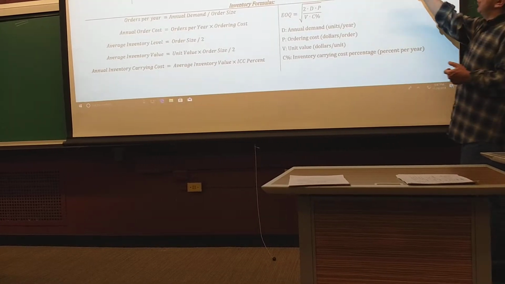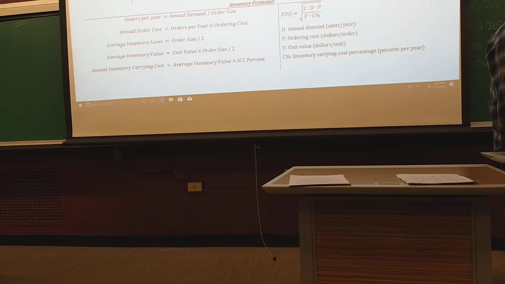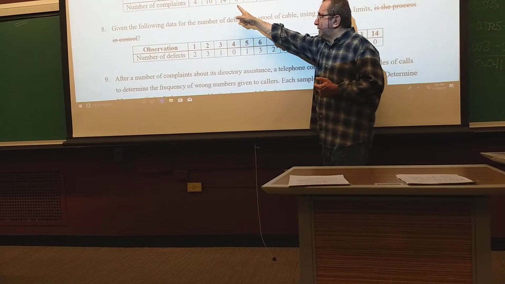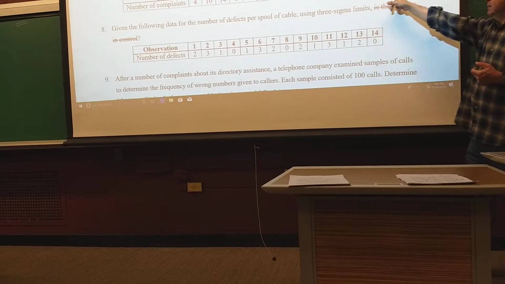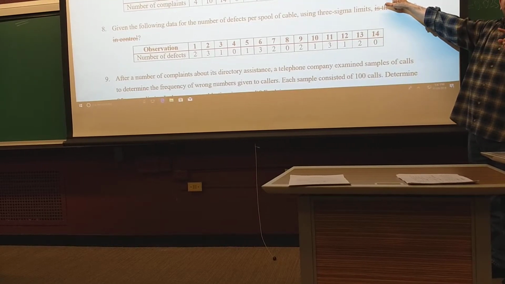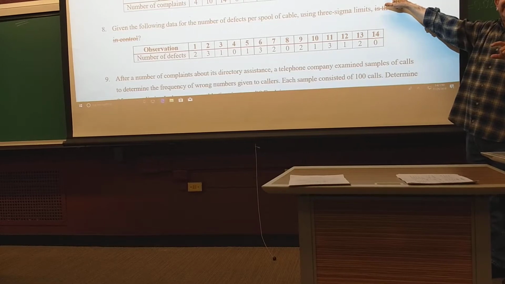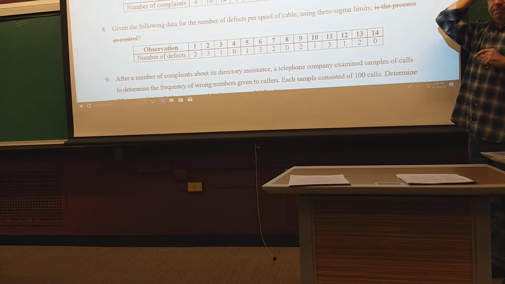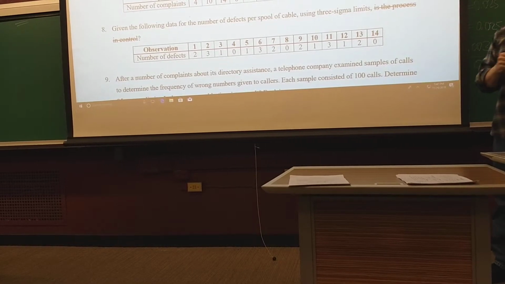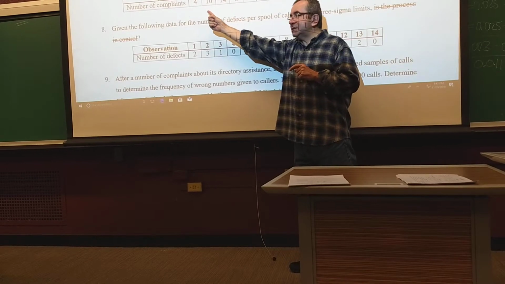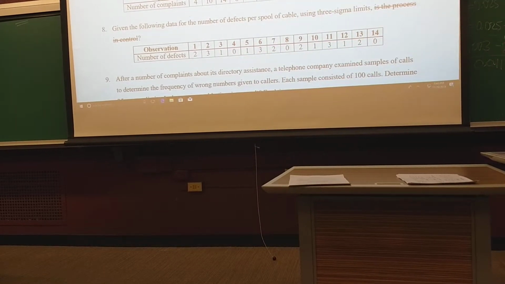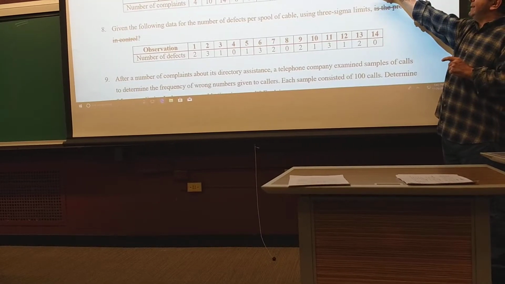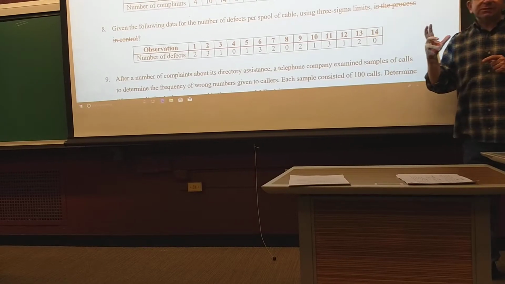For the total defects, we add up all of these, 4 plus 10 plus 14 plus 8 plus 9, and you should have a total of 110 defects out of 14 items.